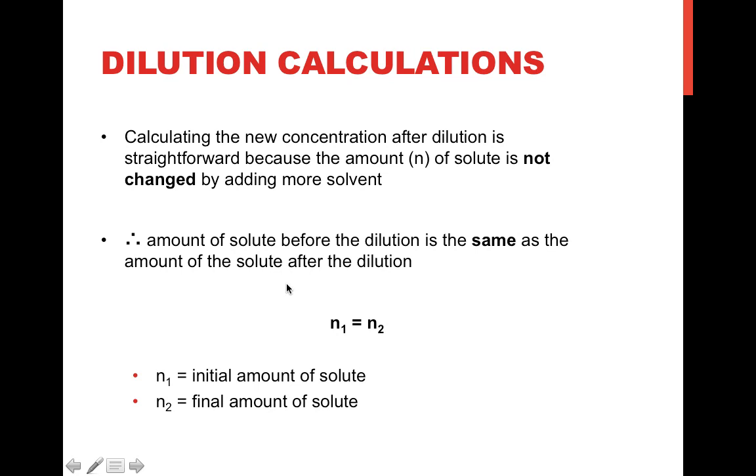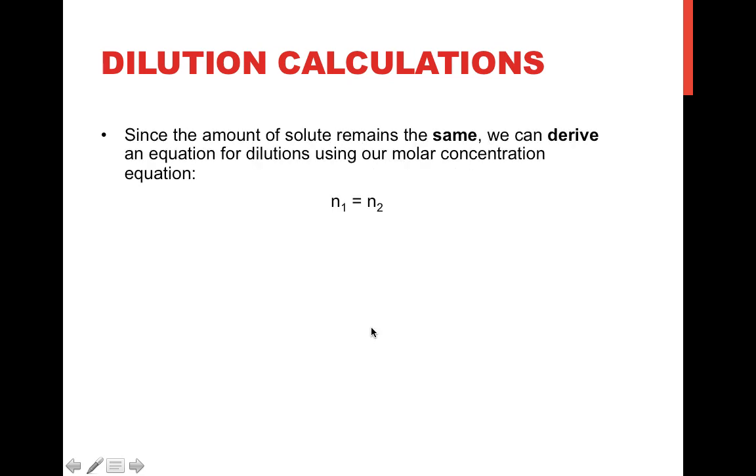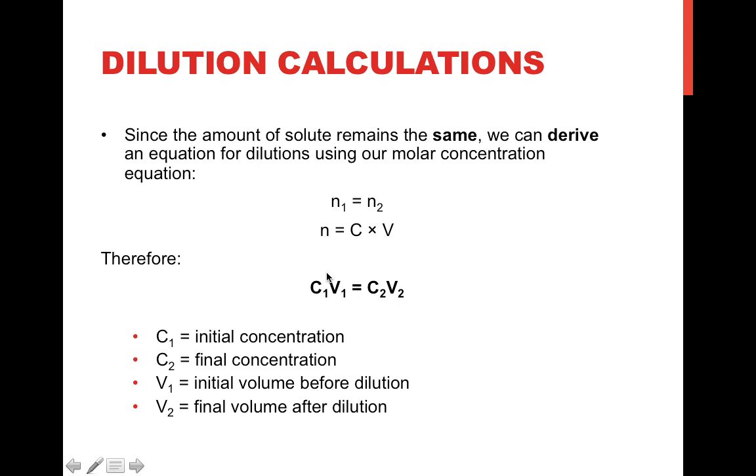So we can say that the initial number of moles present is equal to the final number of moles present. Because of this, we can derive an equation. We know that n is equal to concentration times volume. So if I plug n = CV into n1 = n2, we get C1V1 = C2V2, where C1 is our initial concentration and V1 is our initial volume of solute.